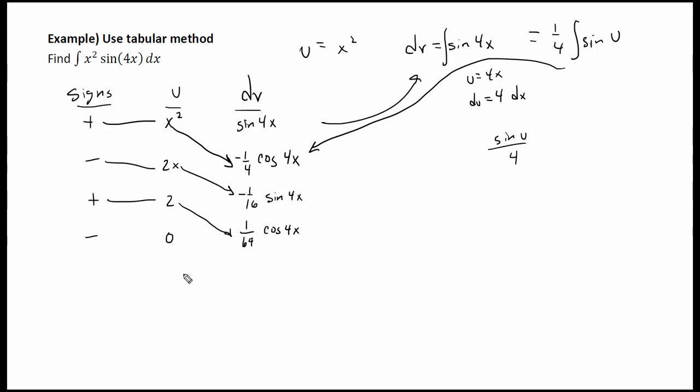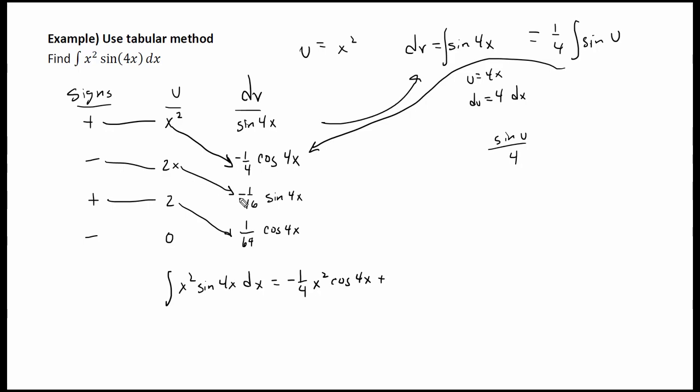I have the integral of x squared sine of 4x dx. That is equal to the very first across and down, so that's negative 1/4 x squared cosine of 4x. Then I go to the next one. That's now a minus of a negative, which makes it a positive.